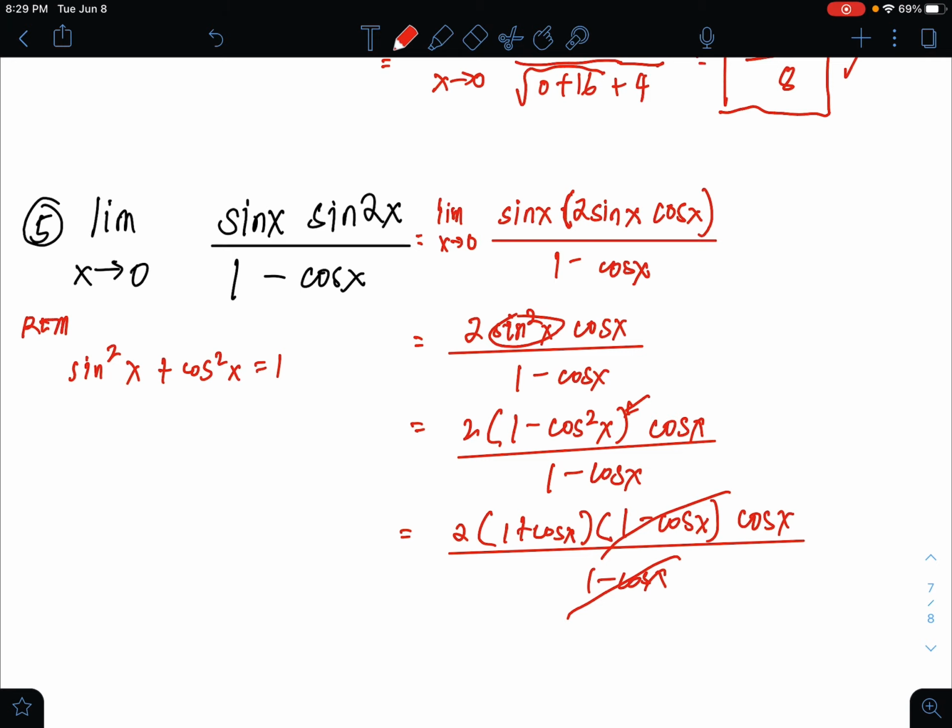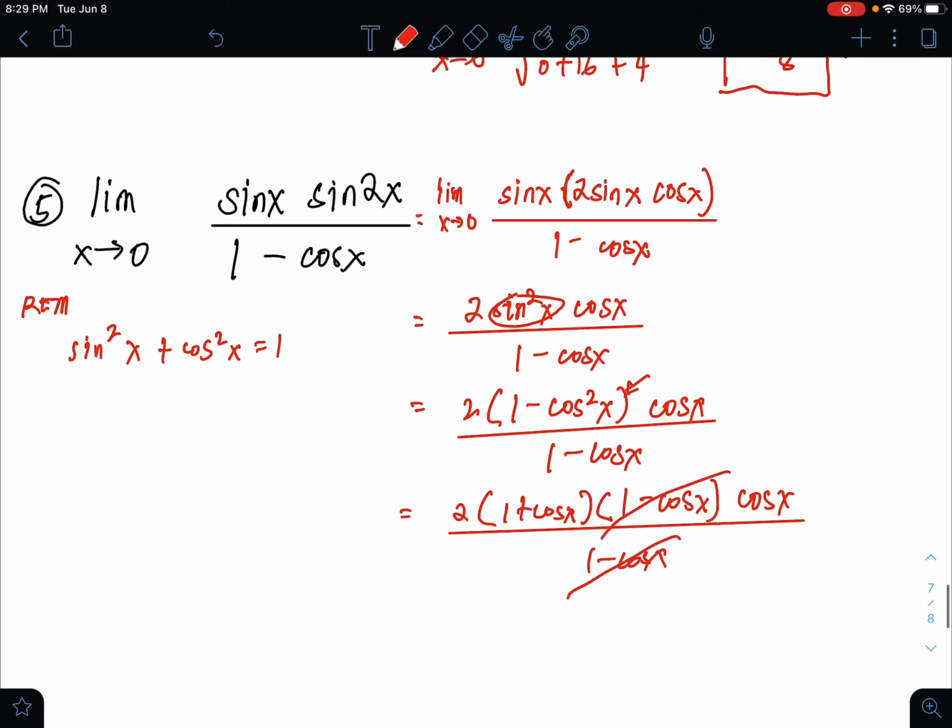Now this can be canceled. Therefore, as x approaches 0, we just simply substitute: 1 plus cosine of 0, times cosine of 0.